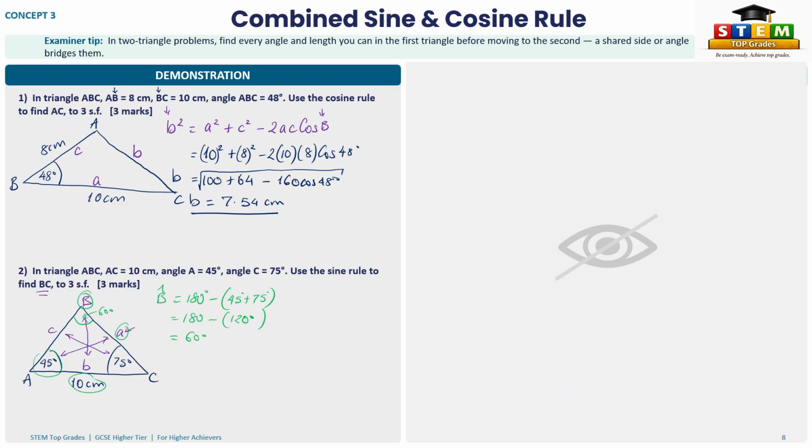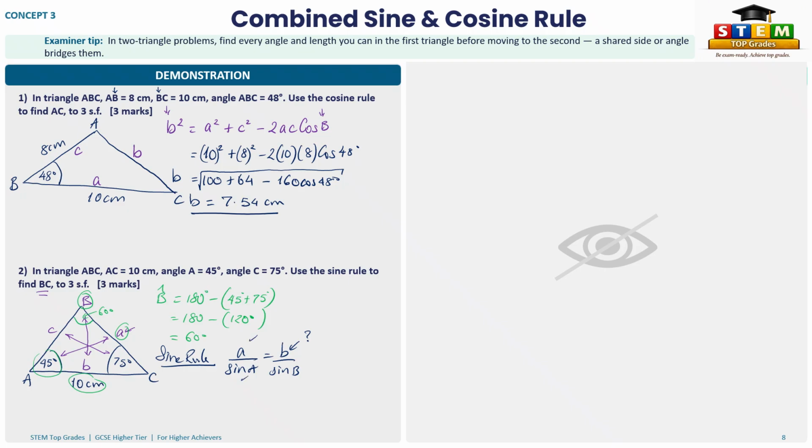Next, what we're going to do is find the length. If you remember, for the sine rule, we're going to apply the sine rule here. Because we're looking for sides, we are pairing up angle A and angle B. So let's say a over sine A equals b over sine B. This is the one we're looking for.